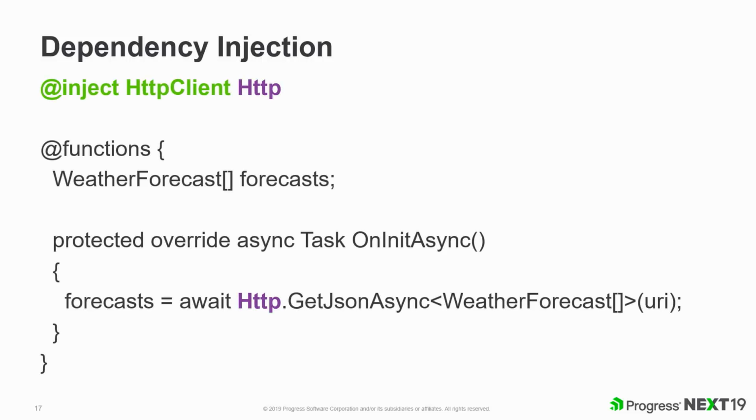And now for dependency injection, we can take a look at what this looks like. This is taken straight from the Hello World example that comes with Blazor. We see here that we're injecting the HTTP client. Then a little bit within our function, we do an await, so it's an asynchronous function, right? We do http.GetJsonAsync weather forecast, and then we pass in the URI.